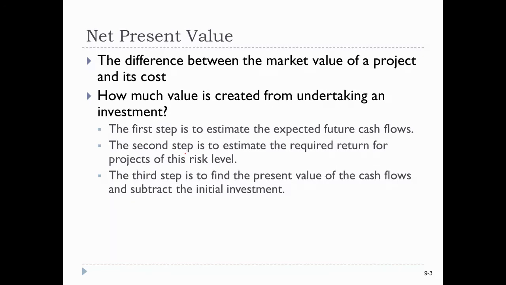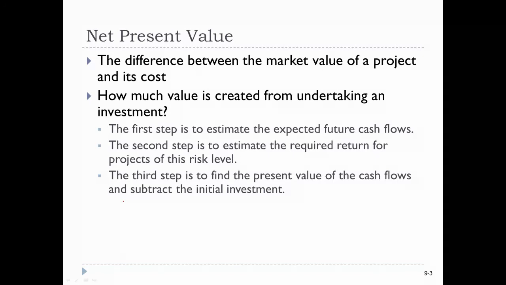And we used the concept of net present value in those contexts without thinking too much about it. But let's define it here. Ultimately, the net present value of an investment is really just the difference between the market value of a project and the cost of acquiring it.